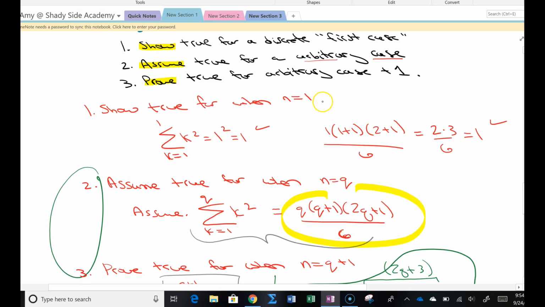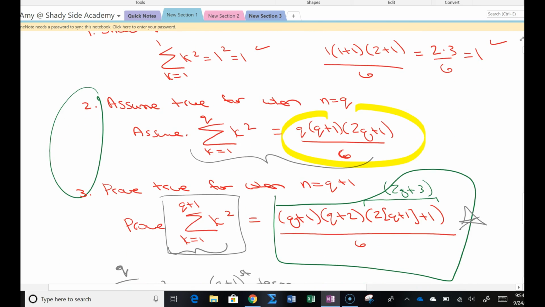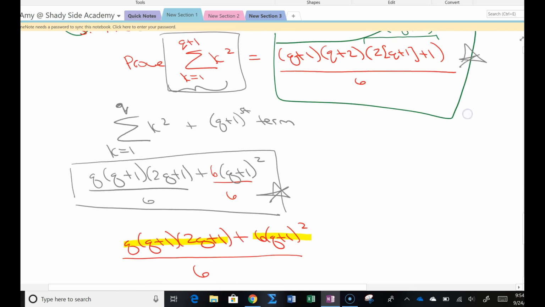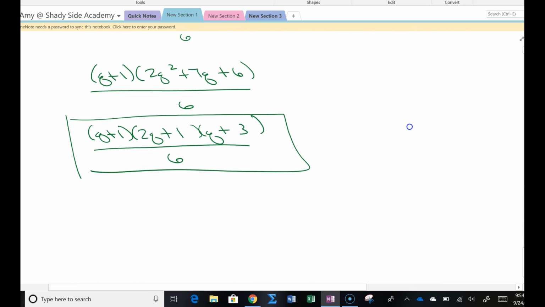If it's true for n equals 2, steps 2 and 3 have shown that it's true for n equals 3, and so on and so forth. So that's why this method of proof is sound.